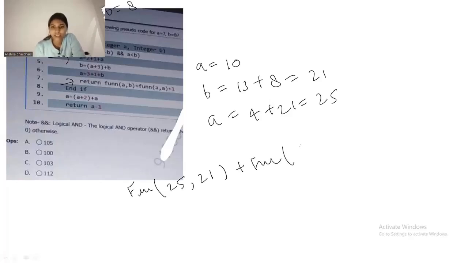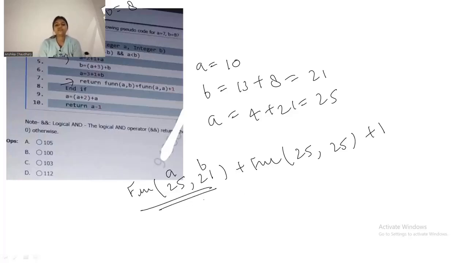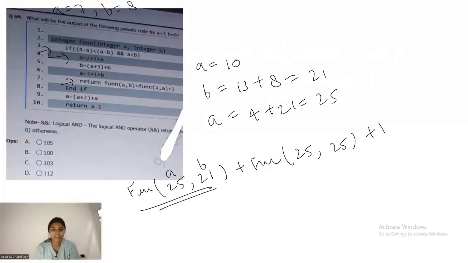At the place of a it is 25, and again at the place of b here we are passing 25 only, right? Plus 1. So now a value is 25 and b value is 21. So first of all, we will make a function call for this function call only. So in this function, we need to consider that a value is 25 as of now and b value is 21. So let's solve this question further, right?